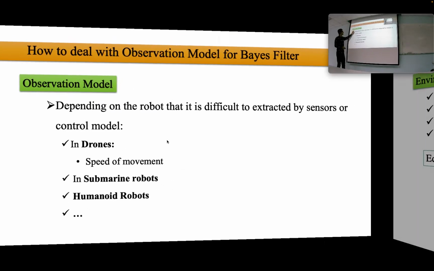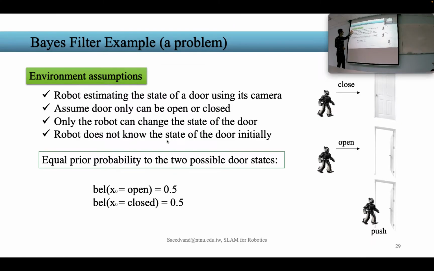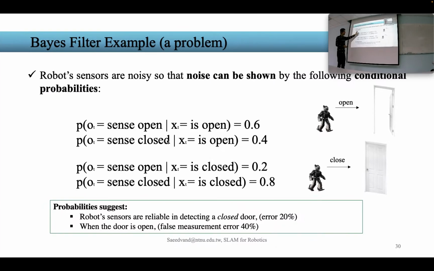We also discussed a little bit the observation model and environment assumptions, with one example that we finally saw: how a robot can detect whether the door is closed, is open, or does the push command. We come from an initial belief where the robot doesn't know whether the door is open or closed, so we said it is 50-50. Then we set some assumptions.